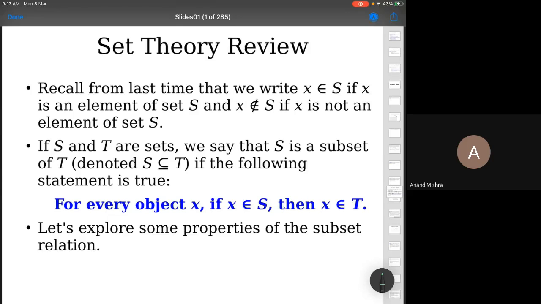If S and T are two sets, then we say S is a subset of T if the following statement is true: for every object x, if x belongs to S, then x also belongs to T, right? If that is true for all x, we say that S is a subset of T.